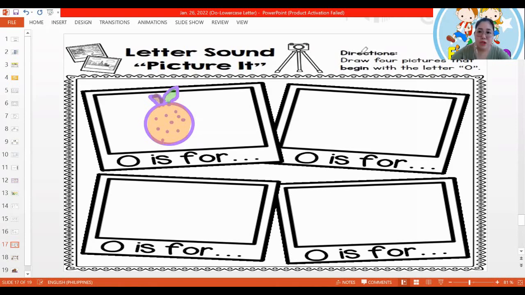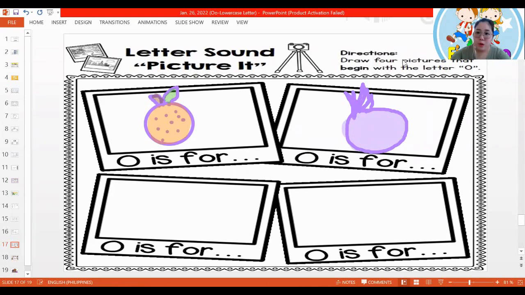The next picture that I want to draw is O for onion. So, oopsies. Let's make that a little bit big. So, I will make my onion. So, the onion has leaves on top. So, I will color my onion purple because onions are usually purple or violet.